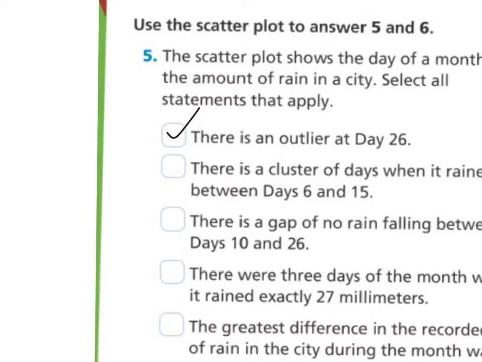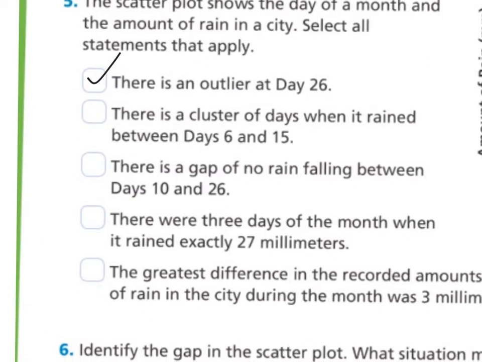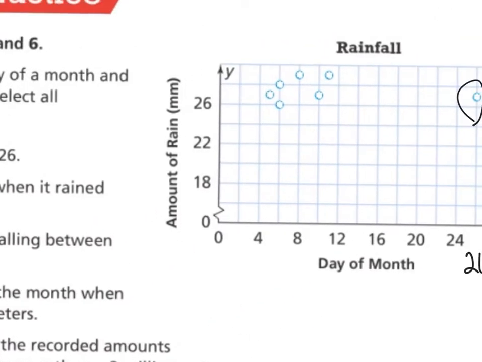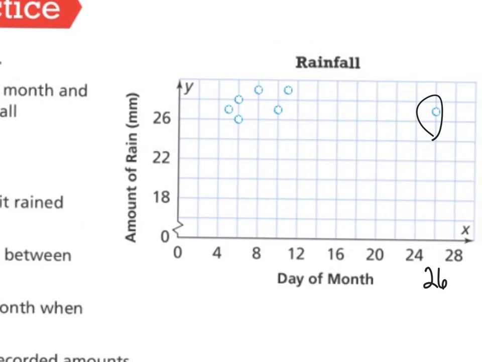The second thing they want us to check is if there's a cluster of days when it rained between days 6 and 15. So if we look, we do have a cluster here, but this is day 6, and day 15 would be over here.